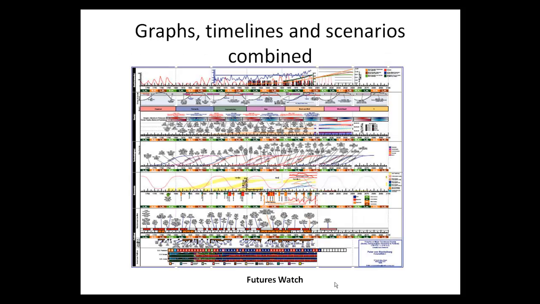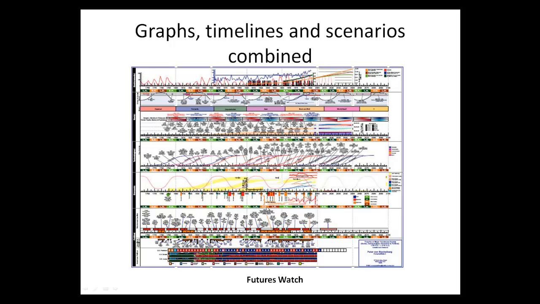You can create simple scenarios like this for your own project. And finally, we'll be having a look at this a little bit later, a quite complicated diagram that brings together graphs, timelines and scenarios in order to have a look at possible futures in a range of different areas.